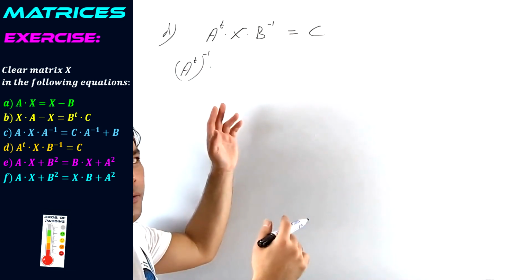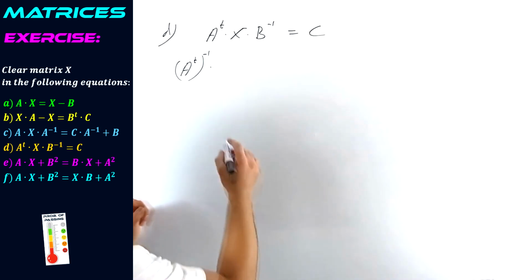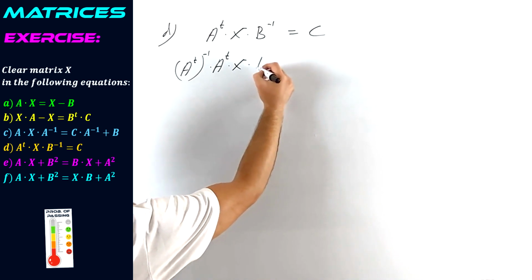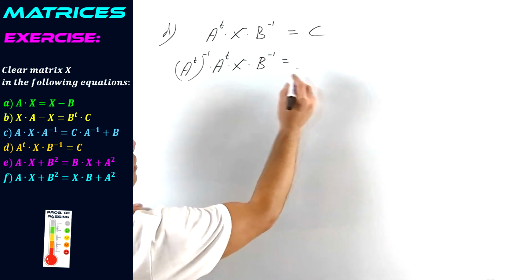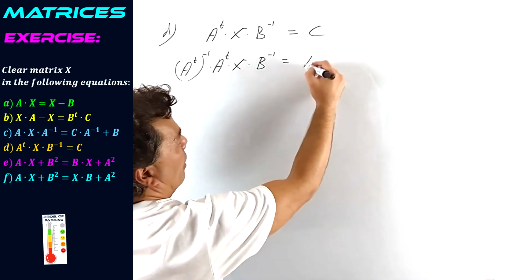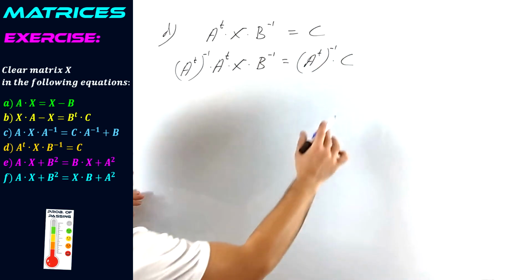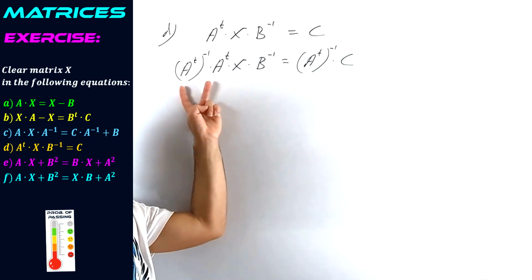You already know how to calculate the inverse of a matrix. By A transposed times X times B to the negative 1 equals this same matrix, A transposed, but inverted, multiplying matrix C. And why?